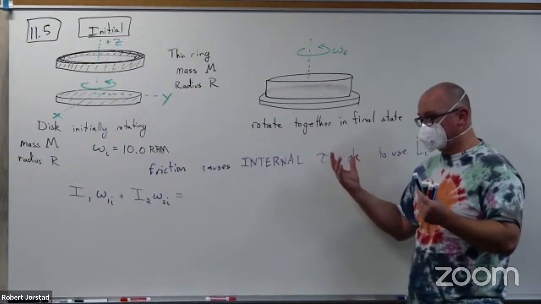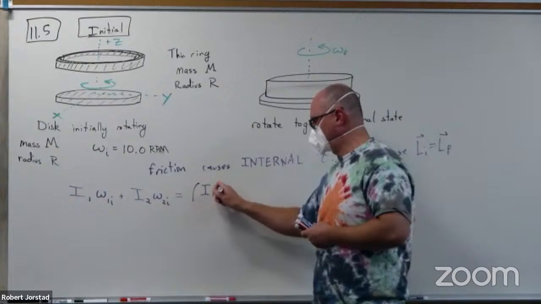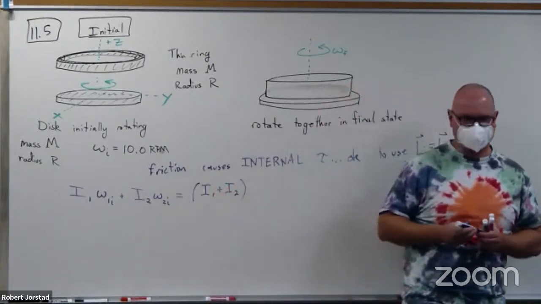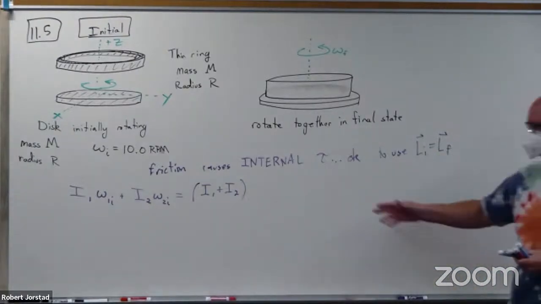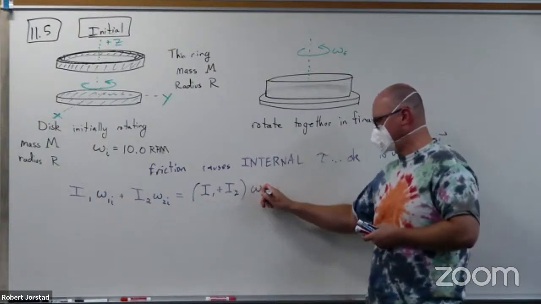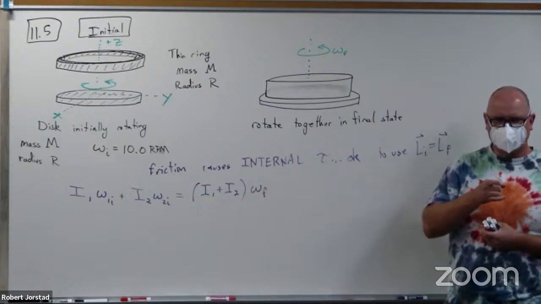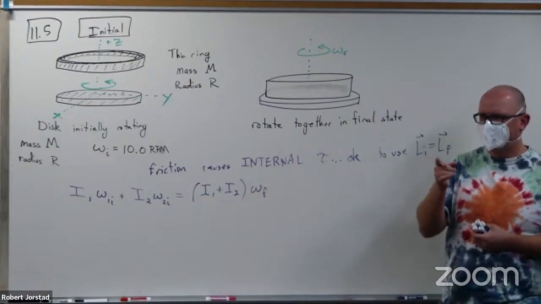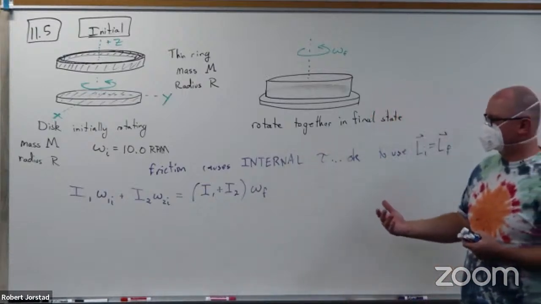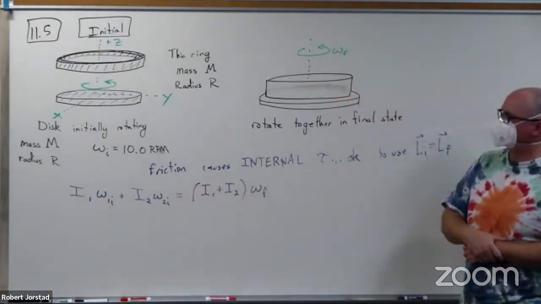We could view it as just one with moment of inertia I1 plus I2, sort of like a perfectly inelastic linear momentum. Does that make sense? The total moment of inertia times omega final. I want to pause. Is everybody good with that line? That makes sense? Over there, you're good? Robert, you're good too? Okay. So then at this point, what thing is equal to 0 in this equation? Something's equal to 0.